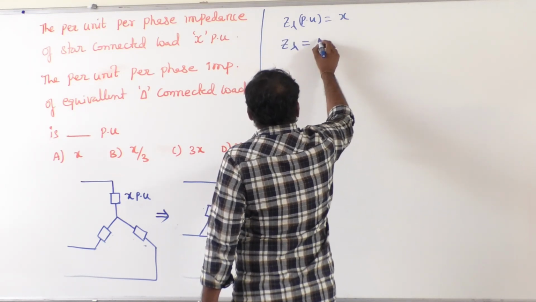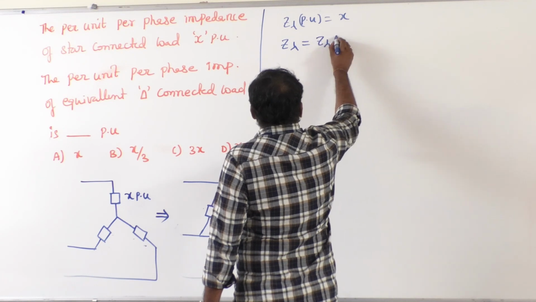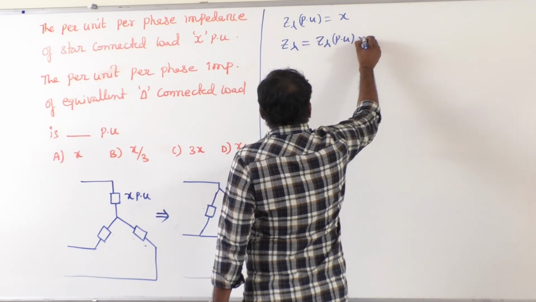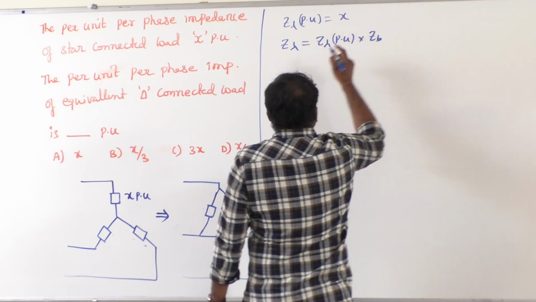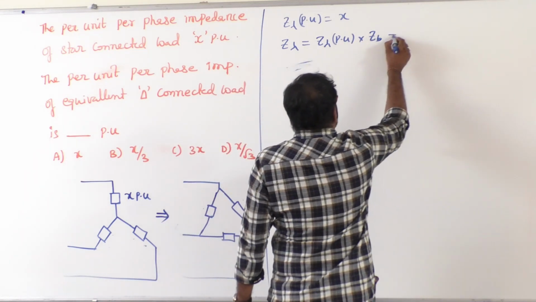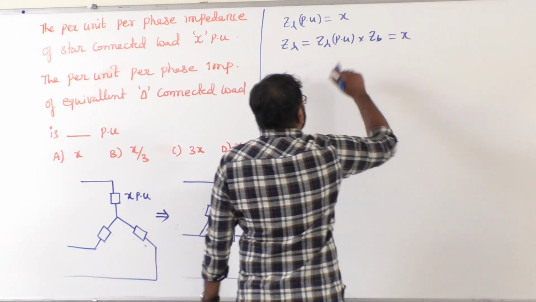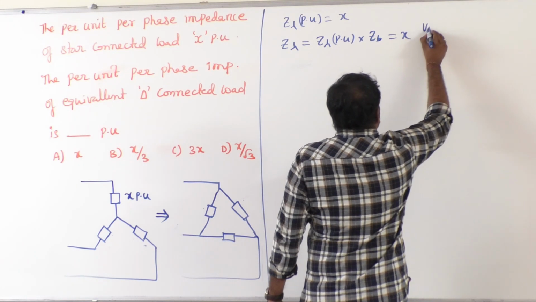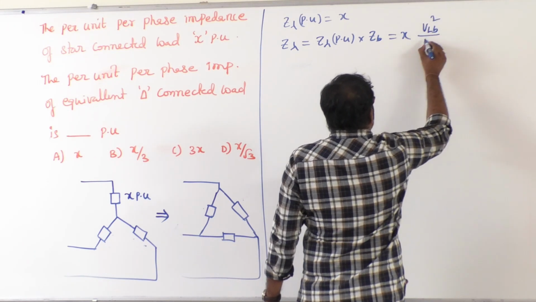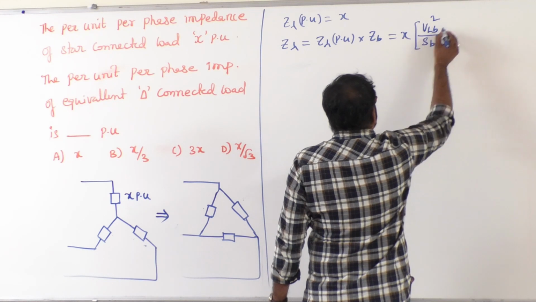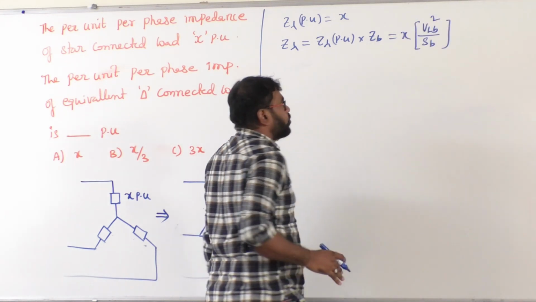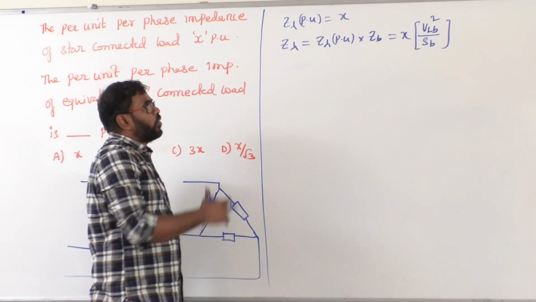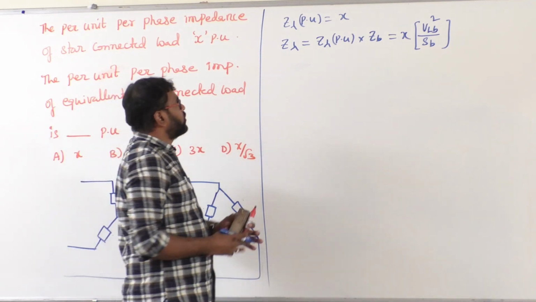That is Z star per unit multiplied with Z base. So what is Z base? Let's say this is X, Z star per unit. Z base is line voltage base square by S base. Since it is a star connection, simply V_LB square by S base. Clear?